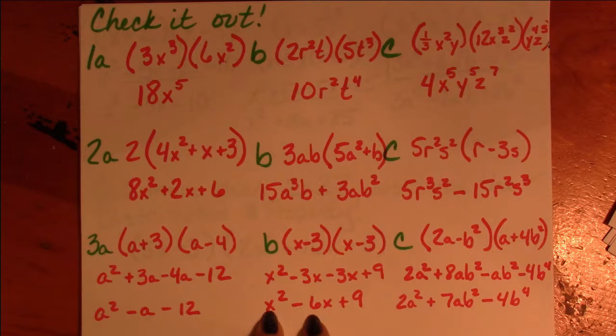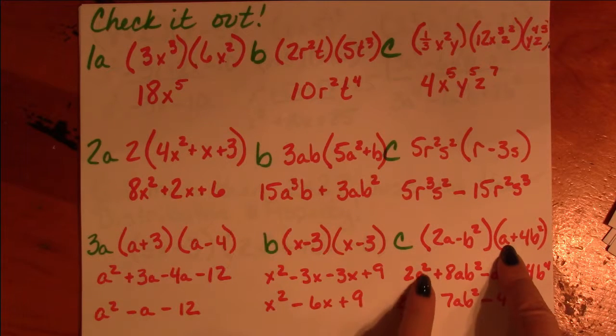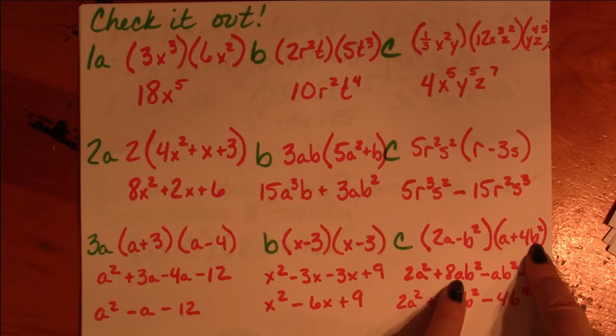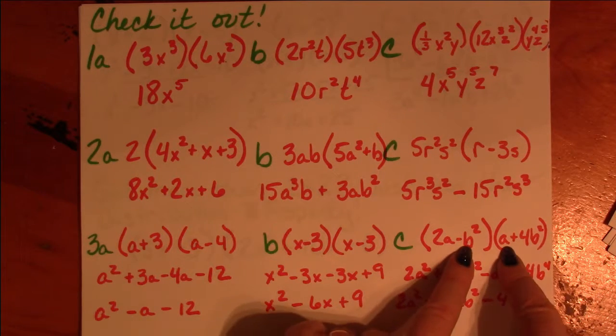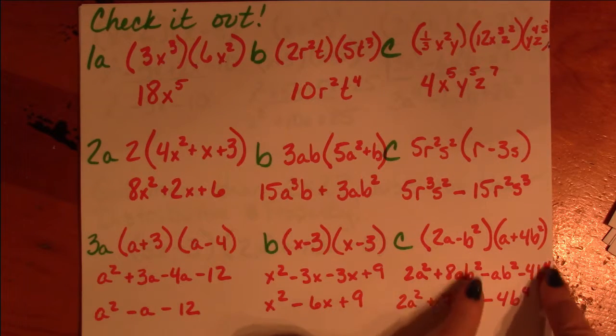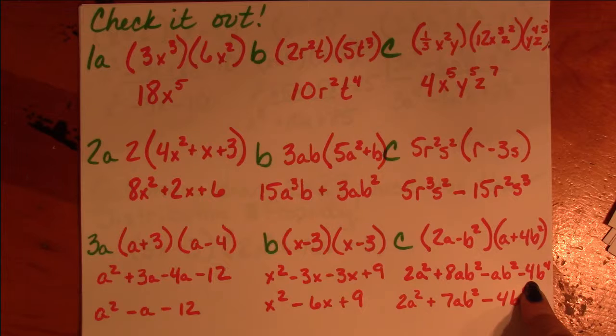So we have x squared minus 6x plus 9. First is 2a squared, outside is 8ab squared, inside is -ab squared, and last is -4b to the 4th. So we have 2a squared plus 7ab squared minus 4b to the 4th.